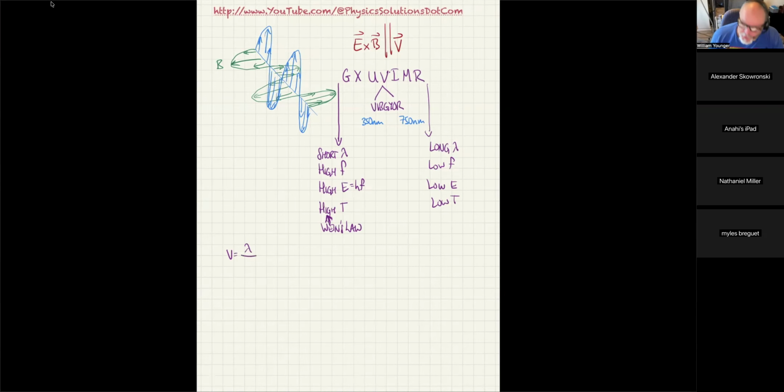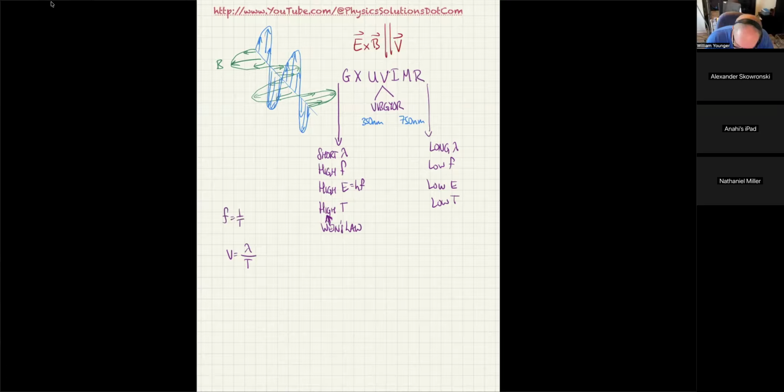So that's the distance traveled, and it would have done so in a unit of time called the period of oscillation, and we use a capital T for that. Well, we also know that frequency is 1 over the period, so we can also say v is equal to lambda times f, and that's what we call the baby wave equation.